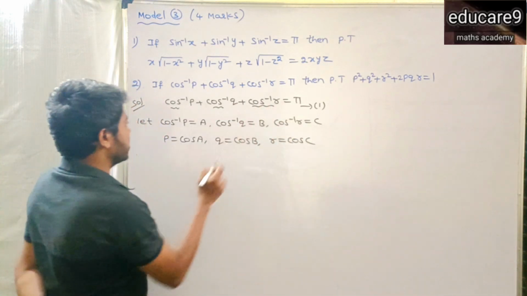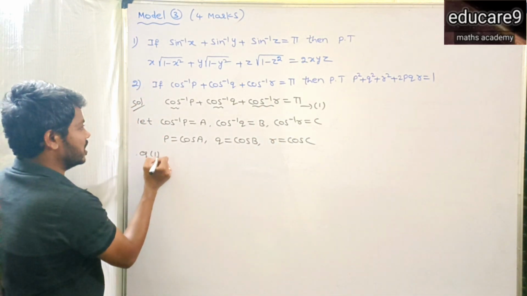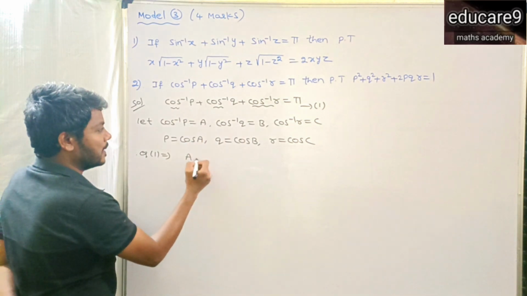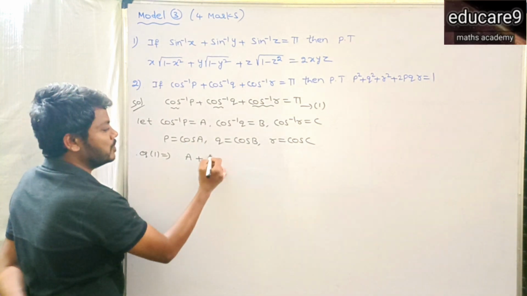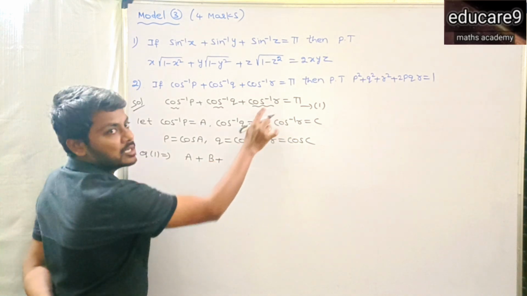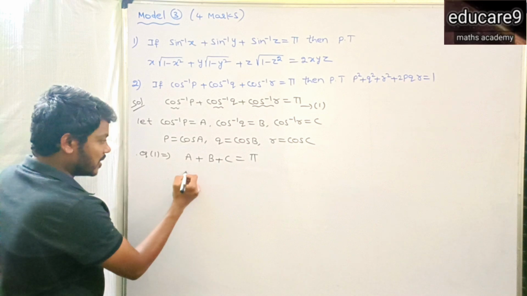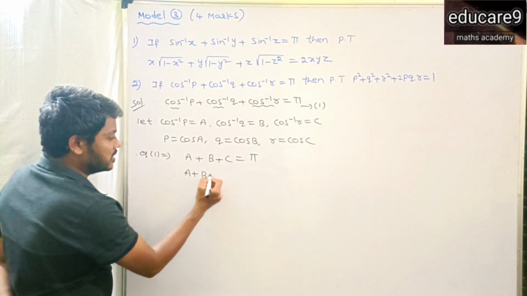Now clearly what is equation 1? Equation 1 implies cos inverse P, A, plus cos inverse Q, B, plus cos inverse R, C, which is equal to pi. From this you can write A plus B is equal to what?